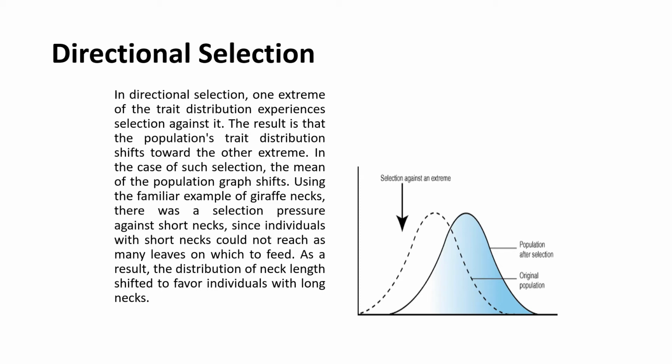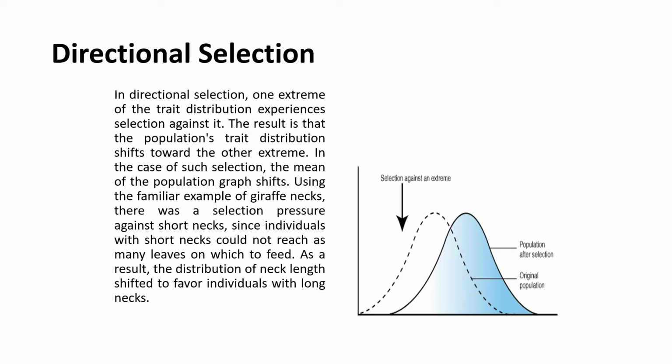This is a graphical representation that depicts directional selection. In directional selection, as I've told you earlier, one extreme of the trait distribution experiences selection against it. One extreme of the trait. So what will happen? The result is that the population's trait distribution shifts towards the other extreme.